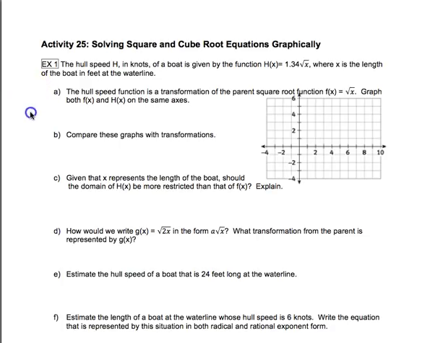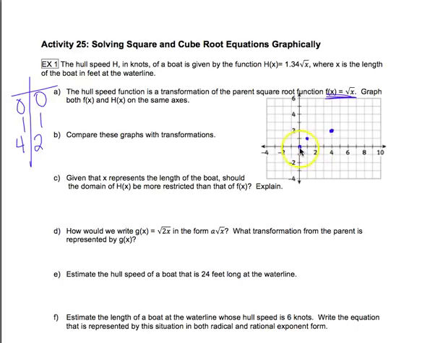So this is just review from what we did the other day. Our parent pattern for the square root function is (0, 0), (1, 1), (4, 2). So if I'm graphing my f of x, the parent function, I would use those same points. So (0, 0), (1, 1), and (4, 2).